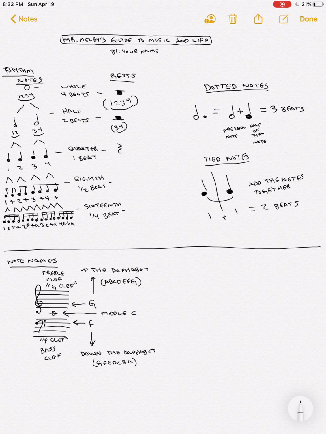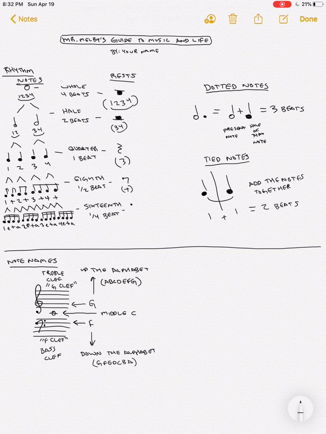Quarter rests look like a Z on top of a C. They are 1 beat, and the counting is put in parentheses to indicate there is no note sounding in the music at that time. Eighth rests look like a 7 with a dot on the end. They are half a beat, and the count is put in parentheses to indicate there is no note sounding in the music at that time.